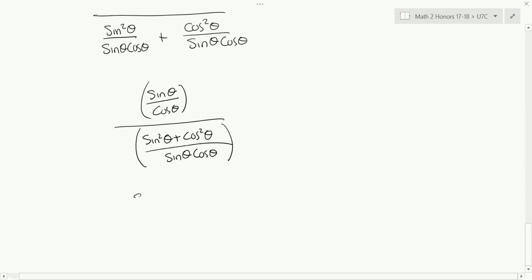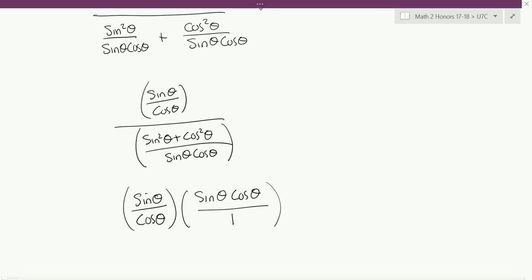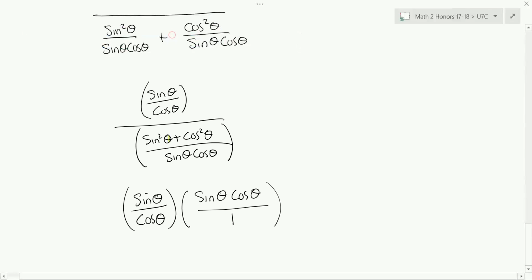So we end up with sine theta over cosine theta times the reciprocal, which would be sine theta cosine theta over 1, right? Instead of sine squared plus cosine squared, we're going to make that 1. So you don't lose it, this piece right here became that piece right there.